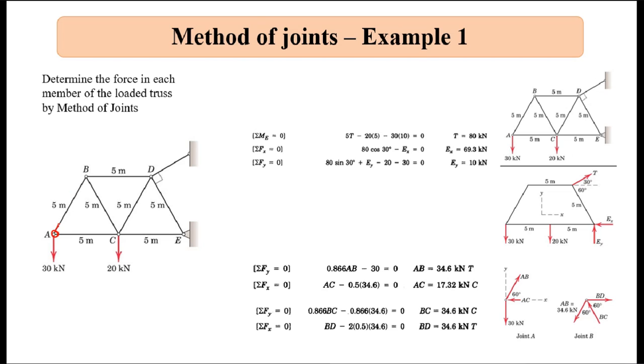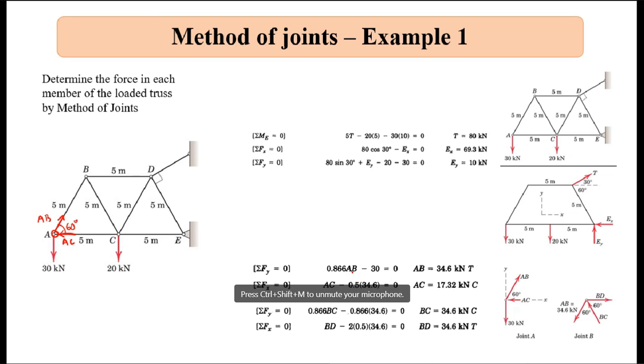Say AB is acting in this direction and AC is acting in this direction. So how will I solve it? AB cos 60 equal to AC. Now see, this is an equilateral triangle, 5 meter, 5 meter, 5 meter, so each angle is 60 degree.